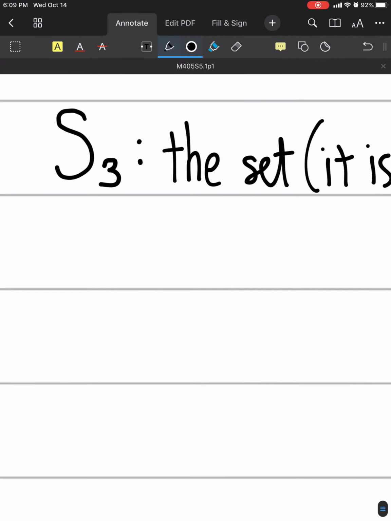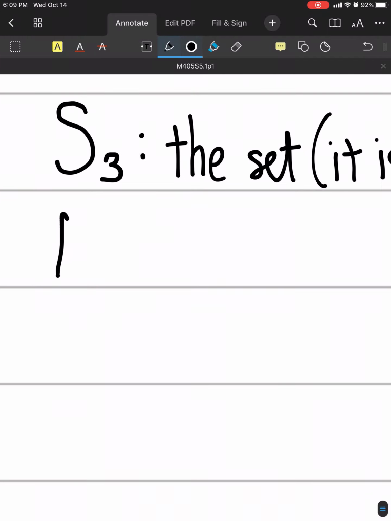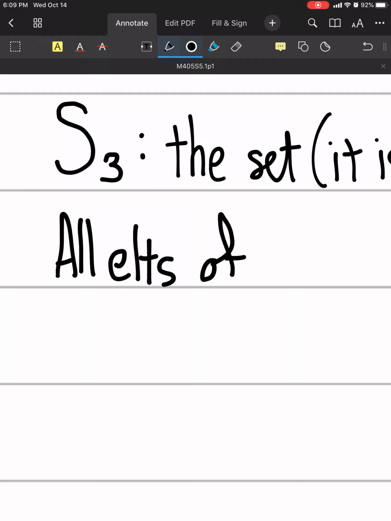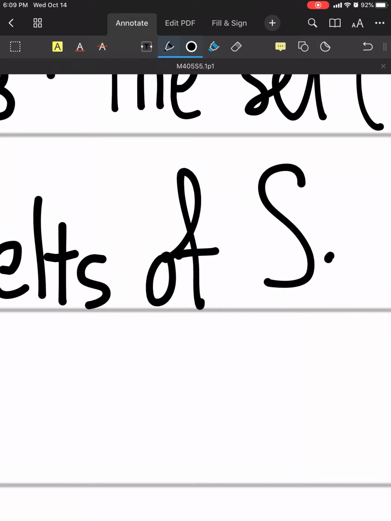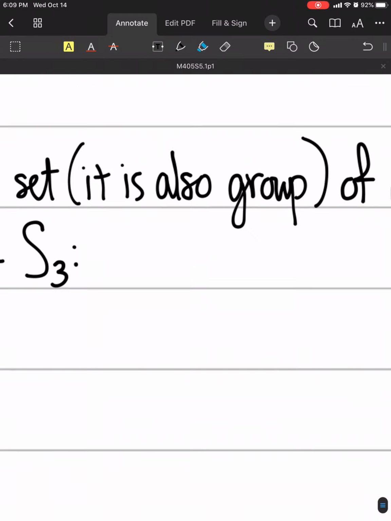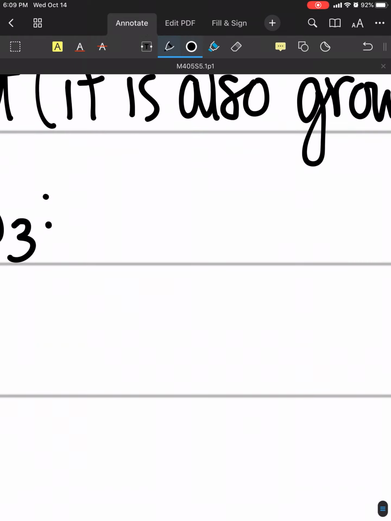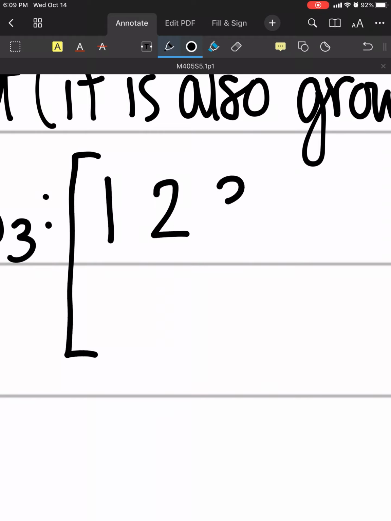Okay, if you're back, here are all elements of S3. Let me try and write them out fairly quickly here. We got 1, 2, 3.